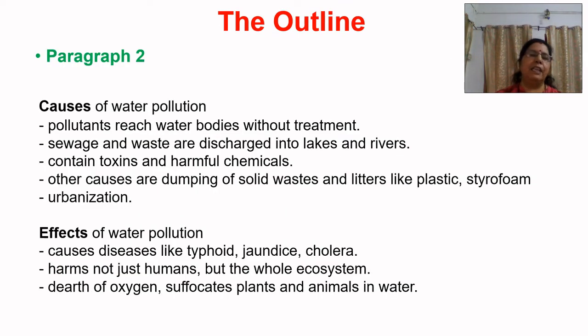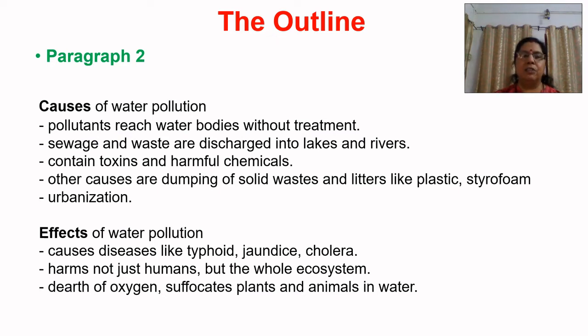And in the second paragraph, what will you include? The causes of water pollution. So first, what is water pollution? Then you come to causes of water pollution. Some points are: pollutants reach water bodies without treatment. Sewage and wastewater, which contain toxins and harmful chemicals, are discharged into lakes and rivers.